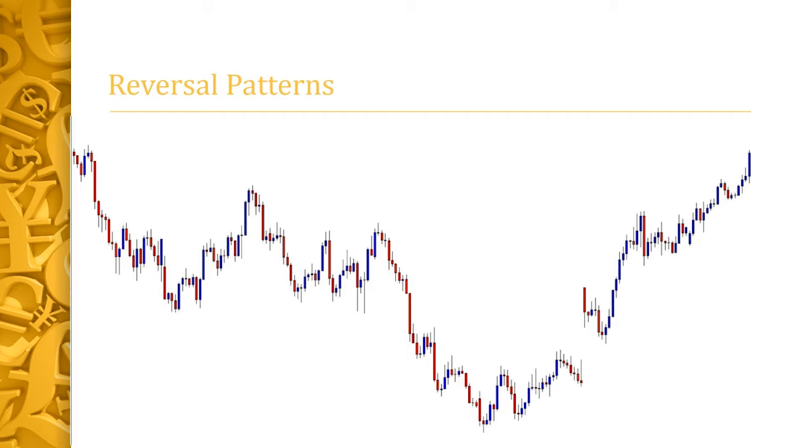So a trend reversal signal implies that the prior trend is likely, and one more time, likely to change, but not necessarily that it will reverse. A change in the trend may mean a reversal, may mean that we're going to range for a while and reverse, or range for a while and keep moving in the same direction. So let's take a look at this chart, and I will show you what I mean by that.